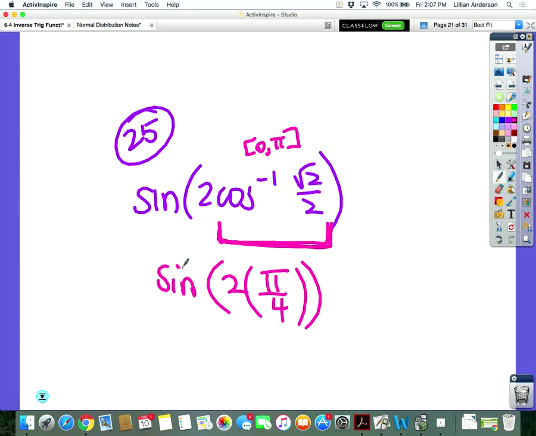That's going to be pi over 2. So now you ask yourself, what's the sine of pi over 2? And that's your answer, 1. So you just work with the inside going out: 2 times the cosine inverse. That's how you get these respective values. And that's how you had to do those.